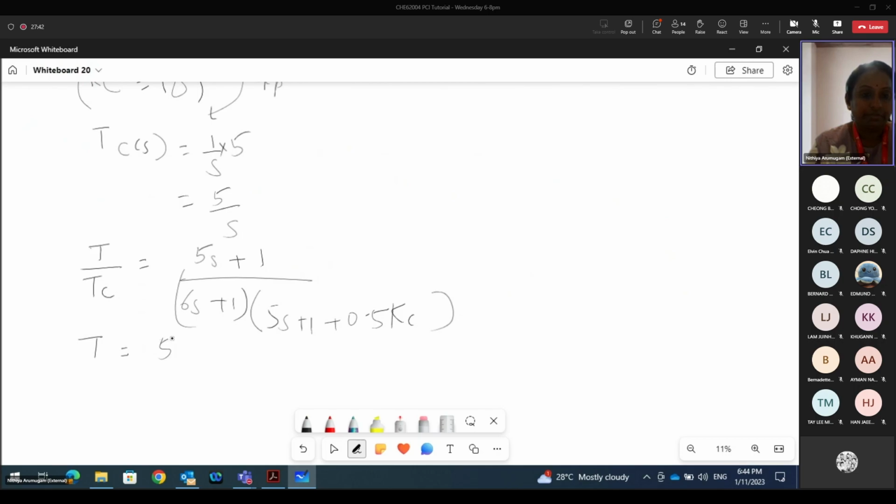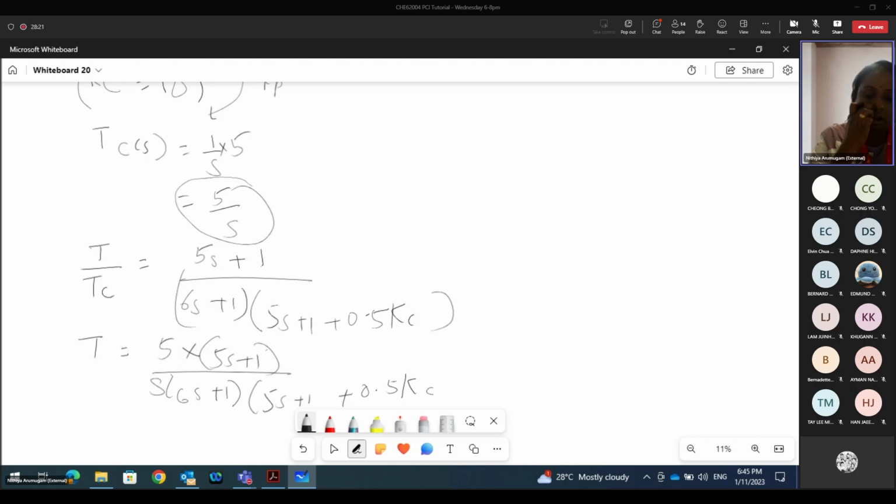It will be like 5 times 5s plus 1, this is one term, over the s from the unit step expression, so s times 6s plus 1, 5s plus 1 plus 0.5 Kc.